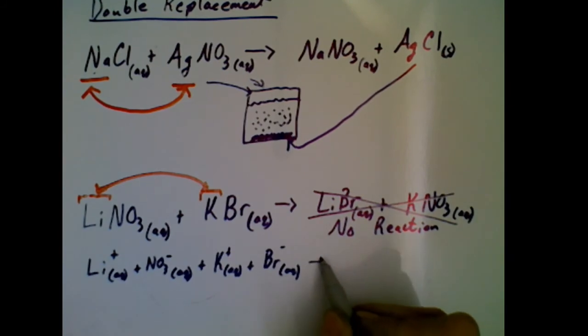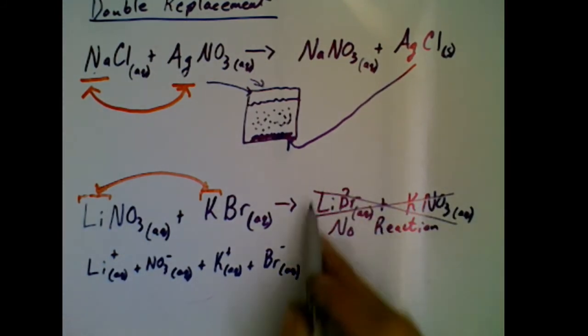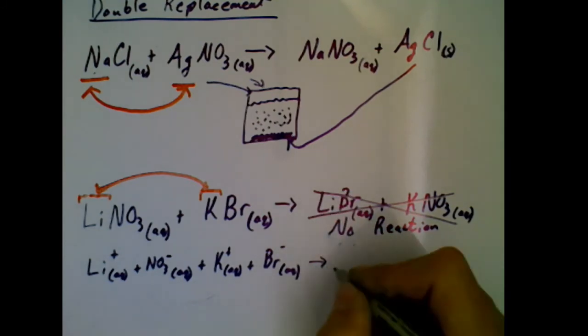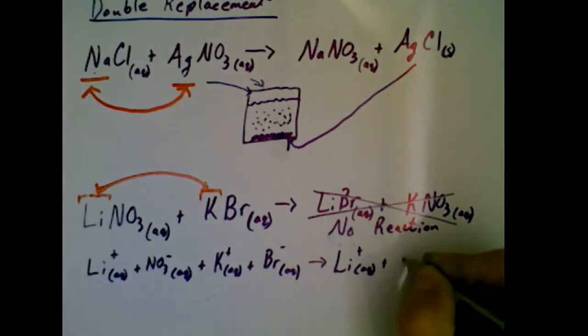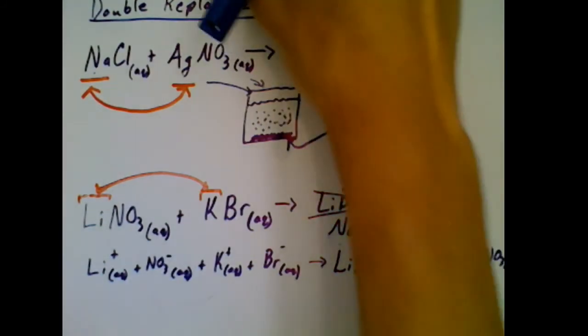And now if we take a look at what should have formed, let's just take a look at our substances here. So LiBr aqueous is Li positive aqueous, Br negative aqueous, and KNO3, K plus aqueous, NO3 minus aqueous.